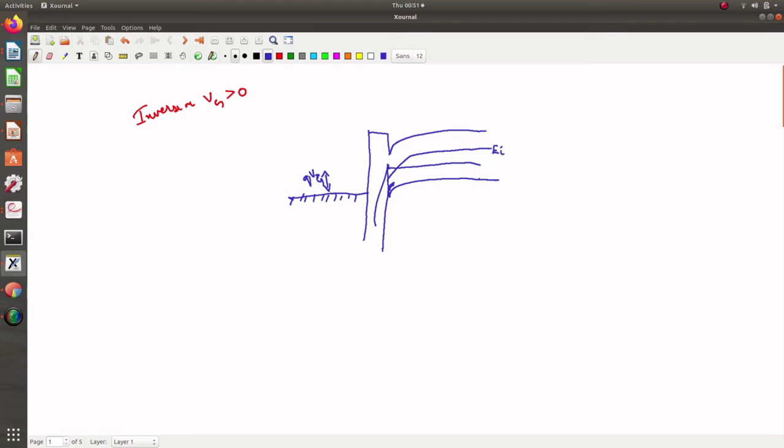Now, the total charge in the semiconductor under this condition, Qs, is given by Qn plus Qdm, where Qn is the charge per unit area of electrons in the inversion layer.